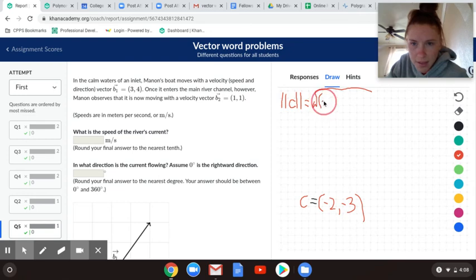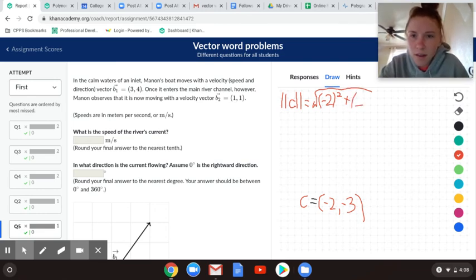I'm going to square the x, negative 2 squared, plus negative 3 squared.